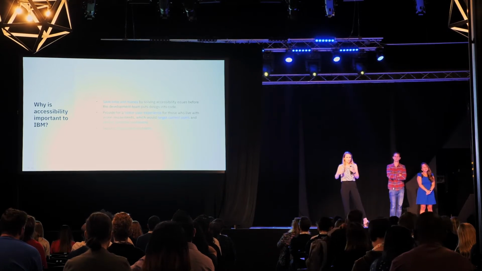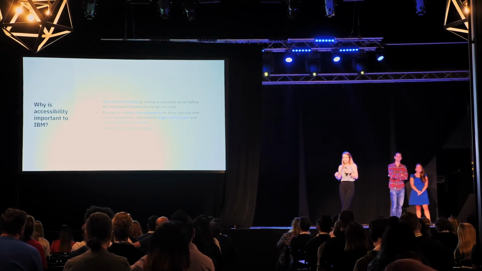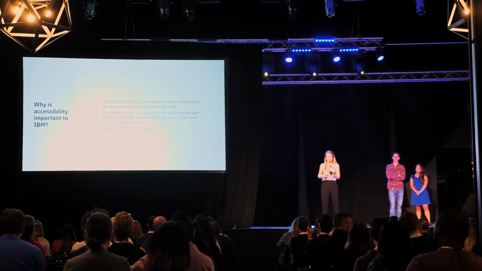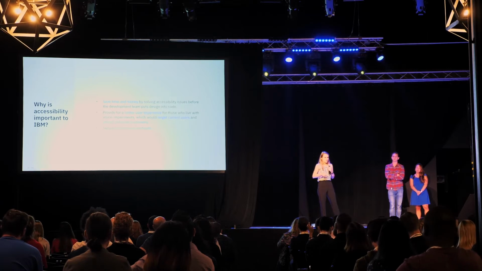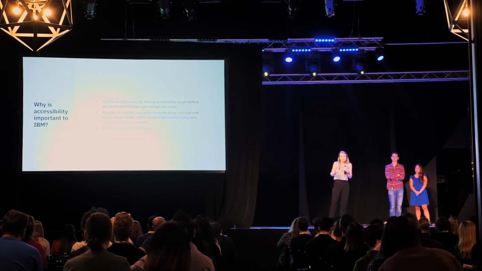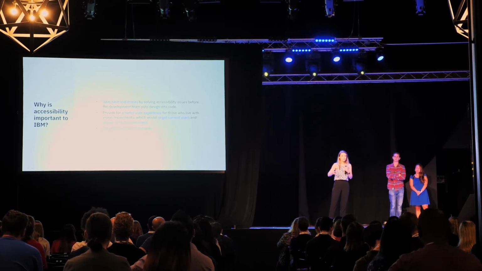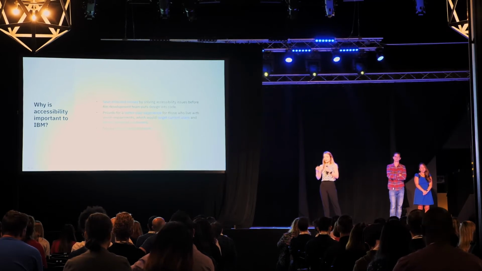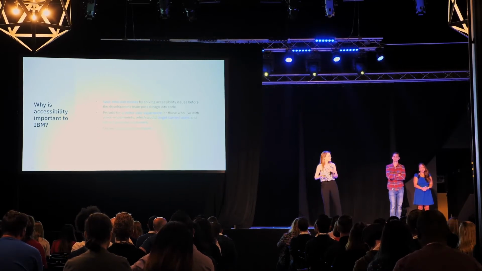We also want to make sure we are designing a useful and effective and delightful product for every single one of our customers and users. And following and meeting accessibility compliance also opens us up to being able to secure really big contracts from businesses that require those regulations, such as government contracts.